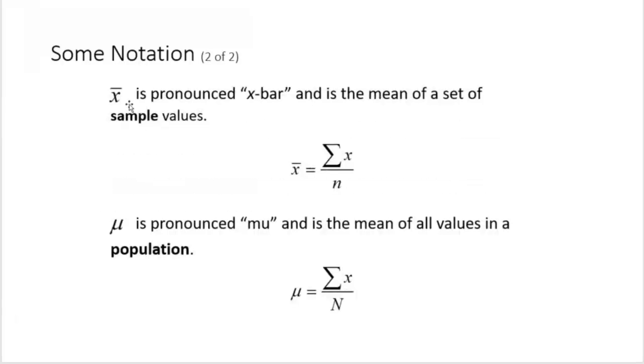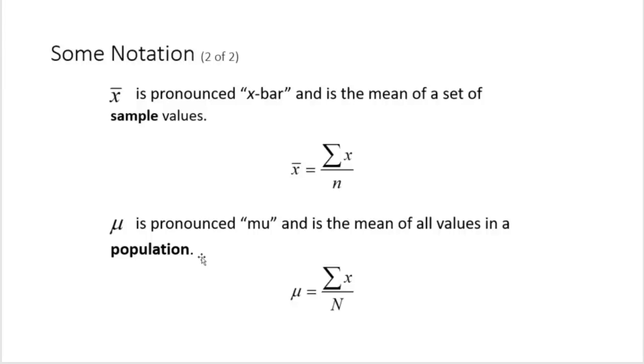x bar is the mean, and that's what I've used in what we were dealing with today. But x bar comes from a sample. Okay, x bar comes from a sample. Mu is also a symbol for mean, another little Greek letter. Mu is the mean of the values of a population.